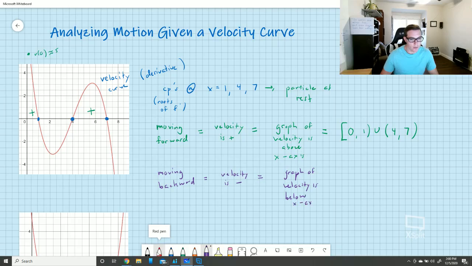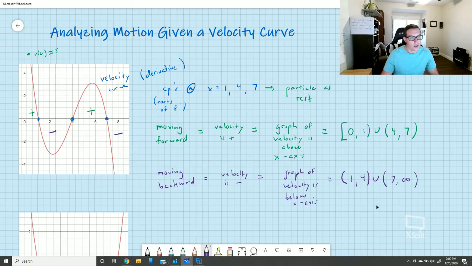So we're utilizing all that curve sketching stuff. That would be this interval and this interval. So it looks like from 1 to 4, the particle is moving backwards, and from 7 to infinity, or whenever my interval stops. Because remember, this is the velocity graph. Velocity positive, I'm moving forward. Velocity negative, I'm moving backwards. Okay, so those are some of the things I can ask.